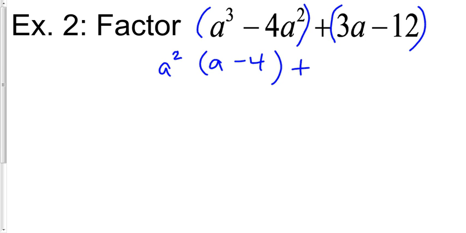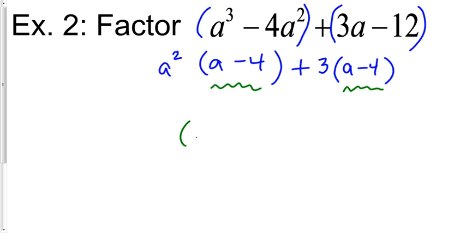Then we've got a plus sign. Between 3a and 12, the common factor is 3. And in parentheses, I get a minus 4. 3a minus 12. There it is if I distribute. Okay, now what you're going to notice with the grouping method, if it works correctly, is that what you have in parentheses is the same factor, a minus 4.